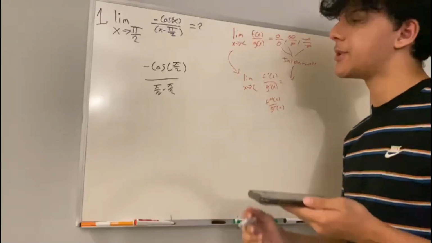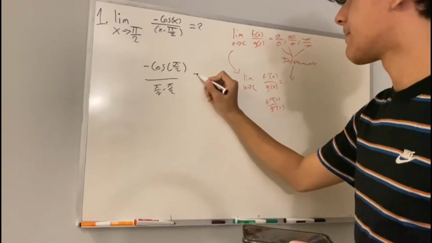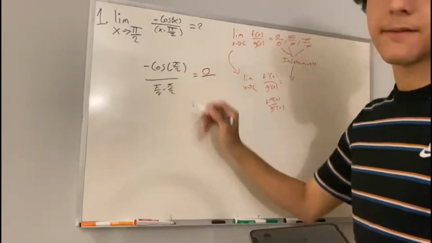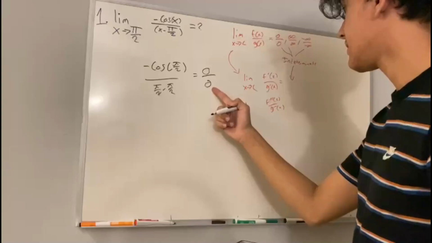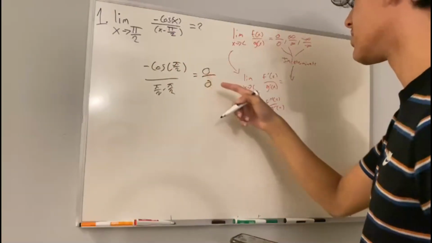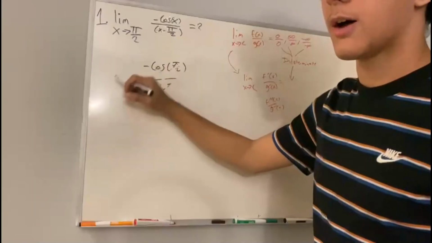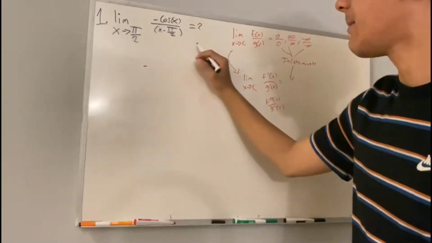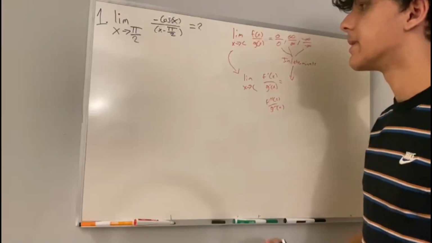Cosine of pi over 2, if you know your unit circle, I'll talk about that in another video, that's 0. Negative doesn't matter, it's 0. Pi over 2 minus pi over 2 is 0. Now what does that look like? That's a direct substitution, and what do we get, 0 over 0? That's an indeterminate form. It means we can solve it, and let's use L'Hopital's rule to solve it. In my opinion, it's the easiest way to solve one of these problems if you get indeterminate form.